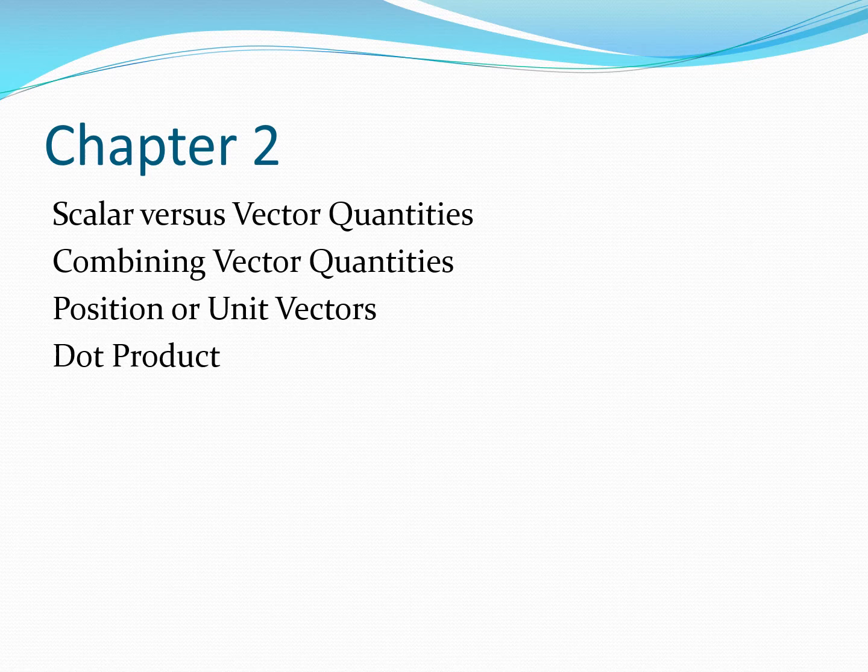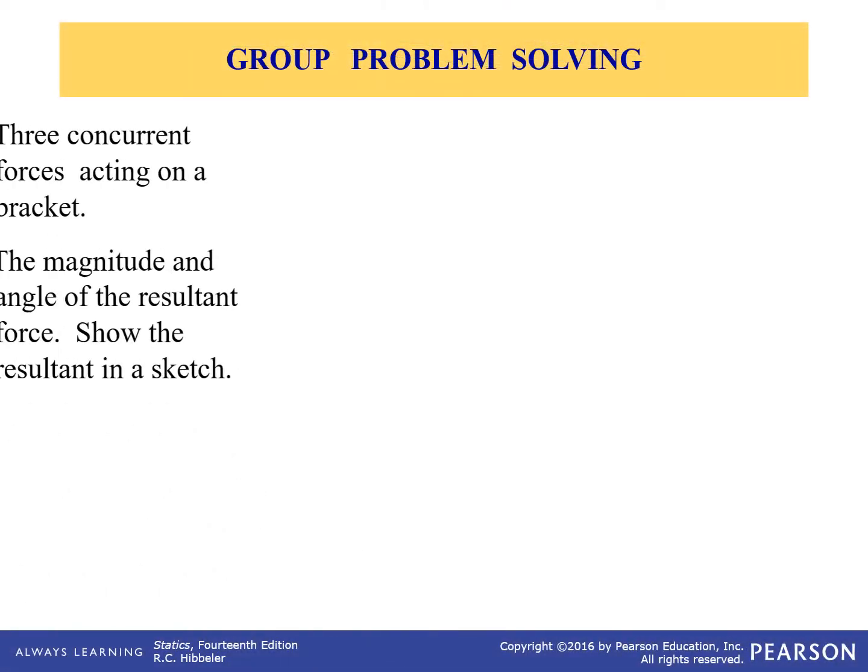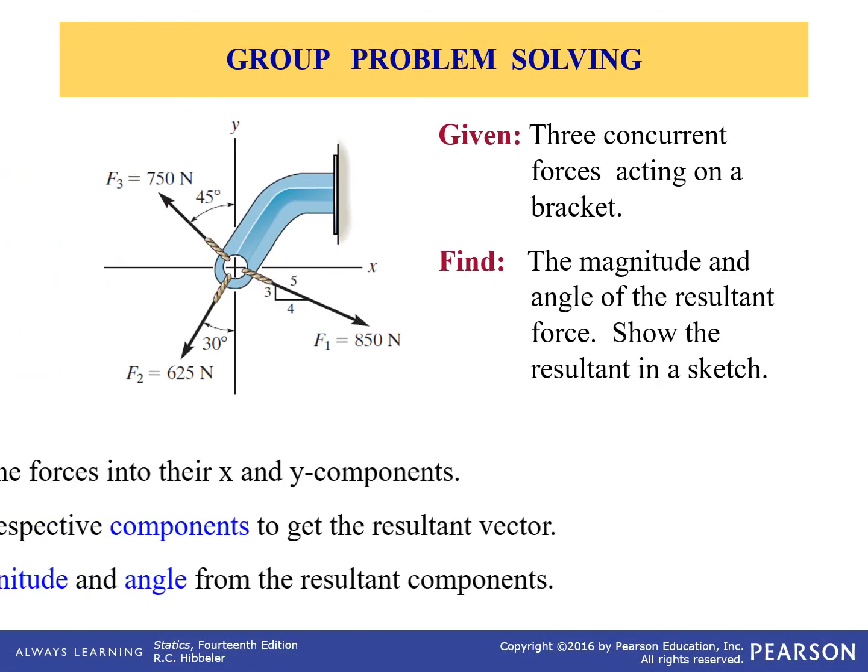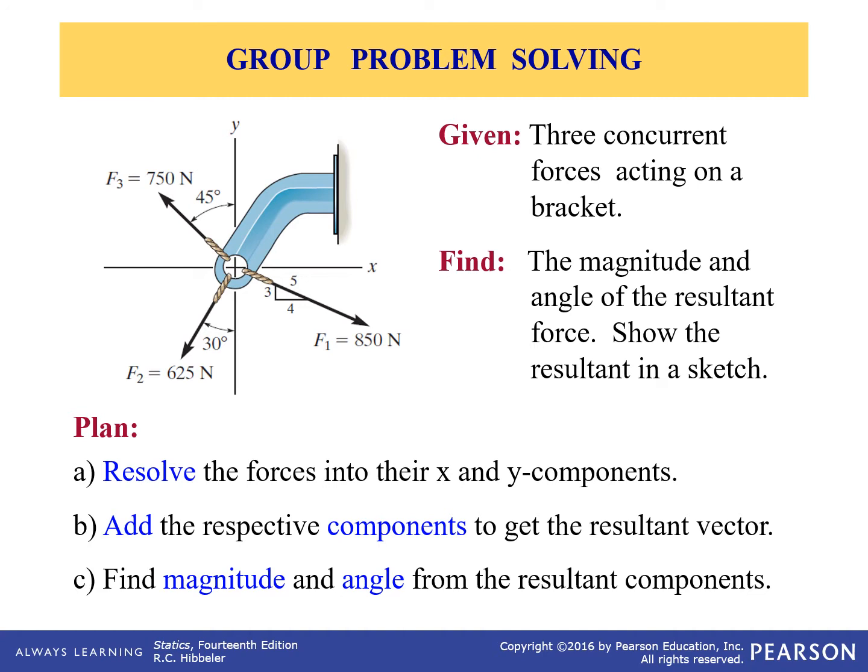The next big thing that we talk about is combining forces, combining vectors together. We're going to talk about position or unit vectors and dot products. So let's take a look at what we got. Here is a group problem-solving problem. You've got these three forces acting at this point, this particle in the middle at the origin of that xy coordinate.